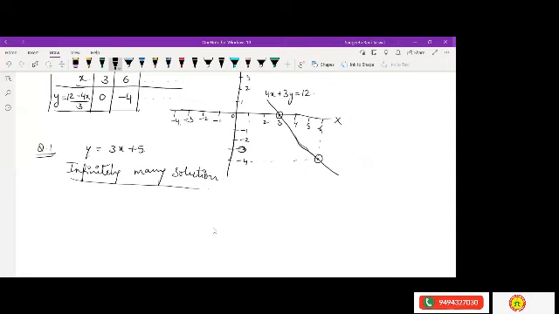Yes, children? Is that clear? Yes, others please say something. Harshit, Sampath, no answer from you. Have you understood why we say infinitely many solutions?